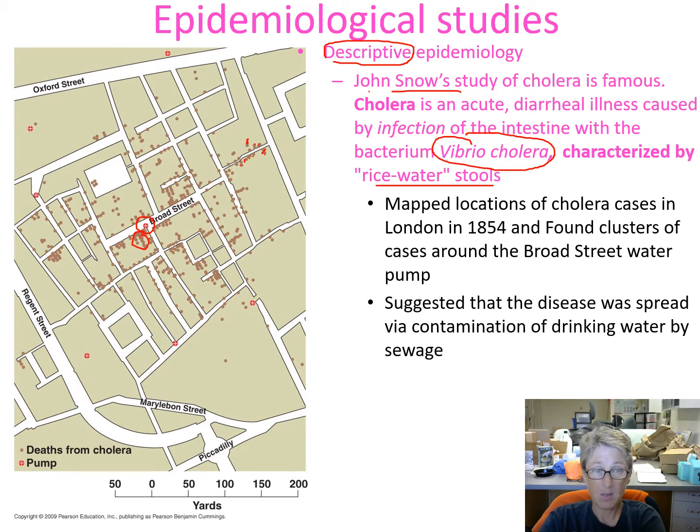And then he suggested that the disease was being spread because the water from the Broad Street pump was contaminated by sewage. So wherever this pump was getting its water, it was full of feces and sewage. Anyway, way to go, John Snow.